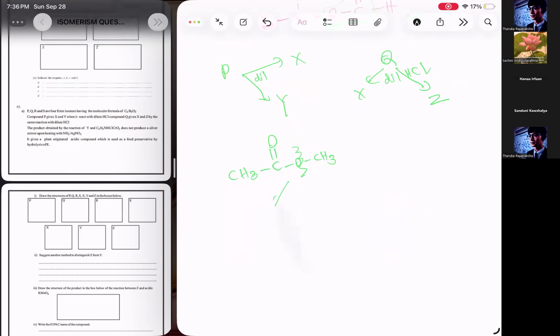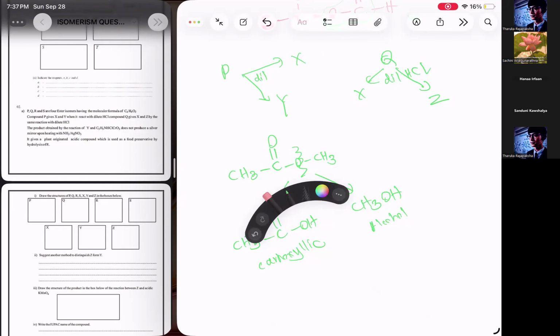You are going to get CH3COOH and CH3OH. You get an alcohol and a carboxylic acid. This one is an alcohol, this is a carboxylic acid. So when you add HCl, it dissociates into two compounds like this.